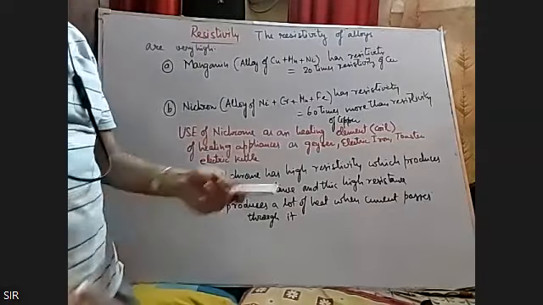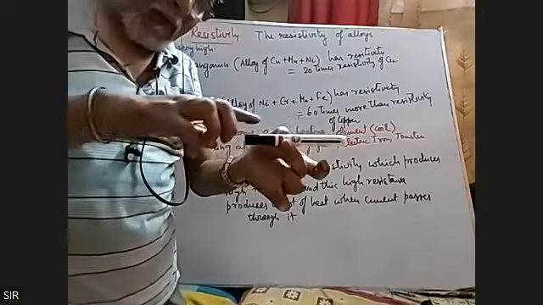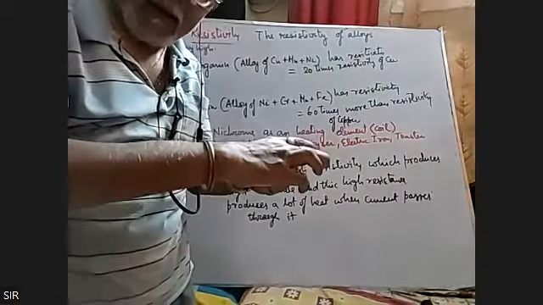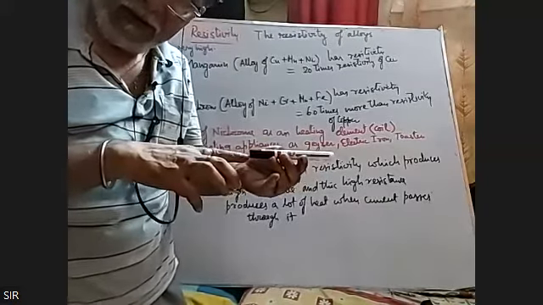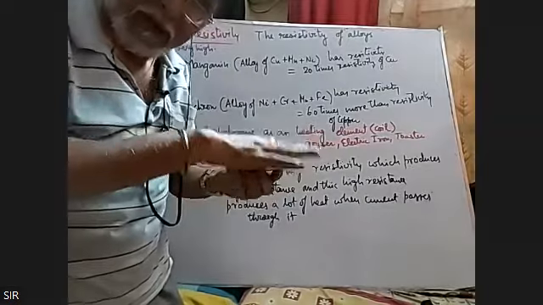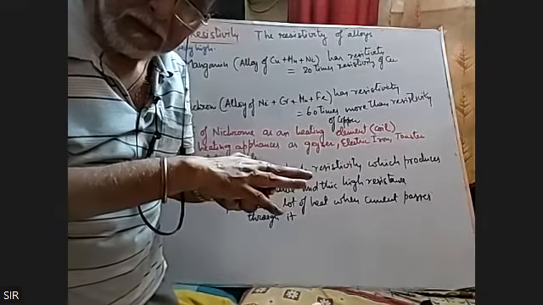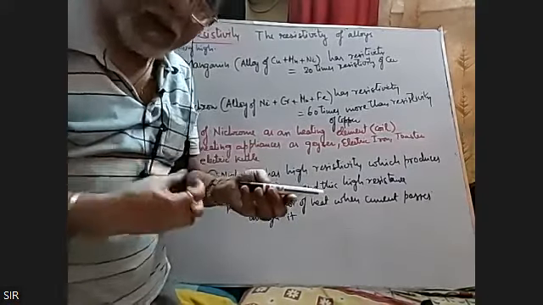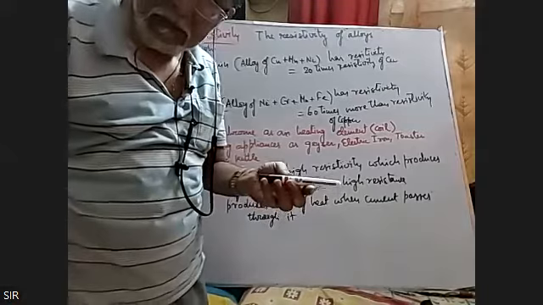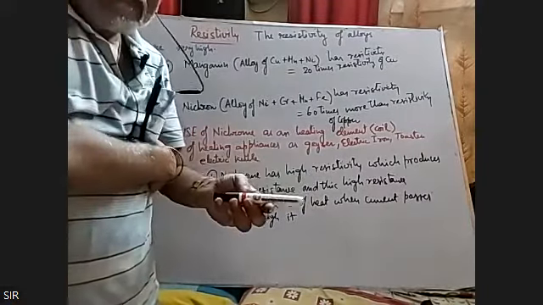Yes, sir. Now suppose this is a nichrome coil. It has a high resistance. Clear? Now if I pass a current, it will produce heat. Now if I want more heat, I can increase the current. We have studied this, no?